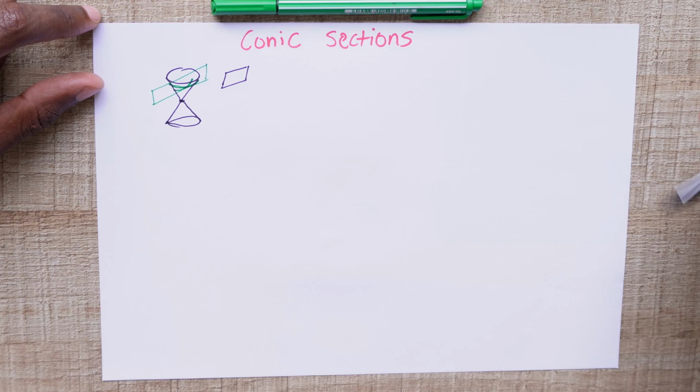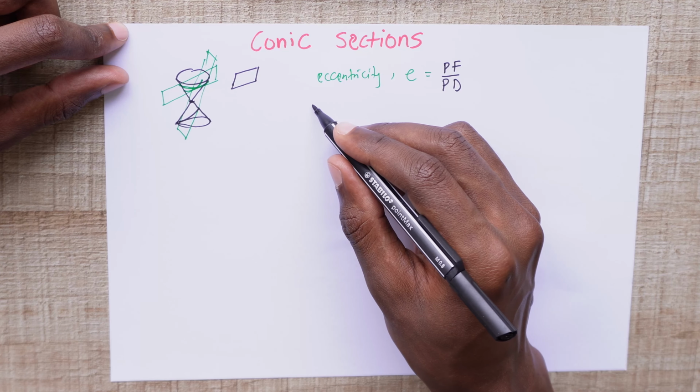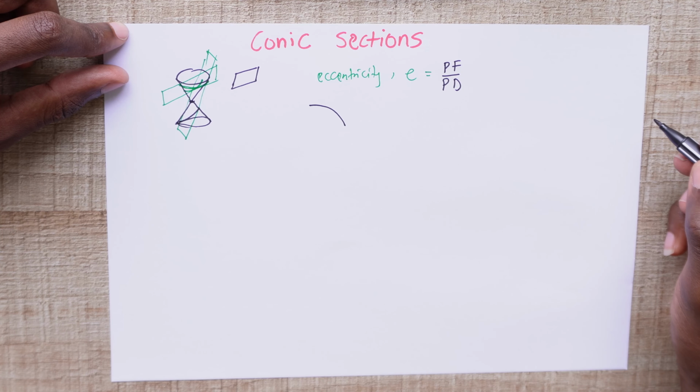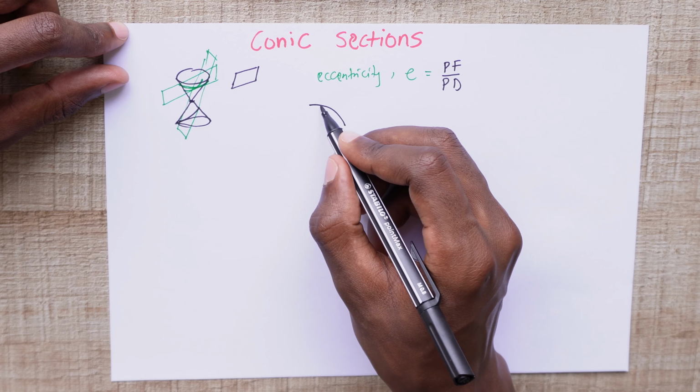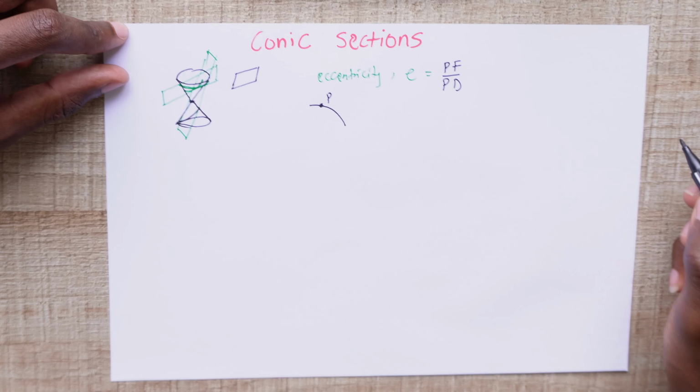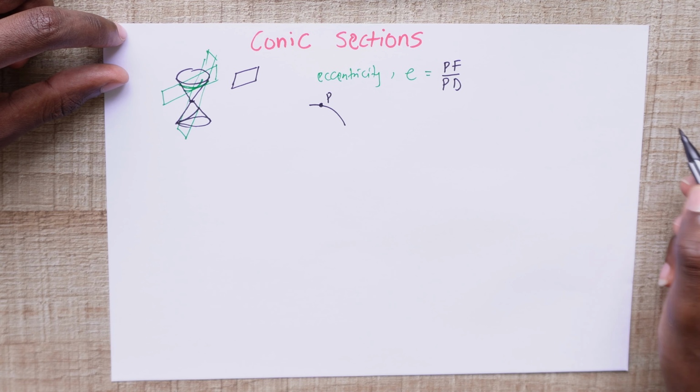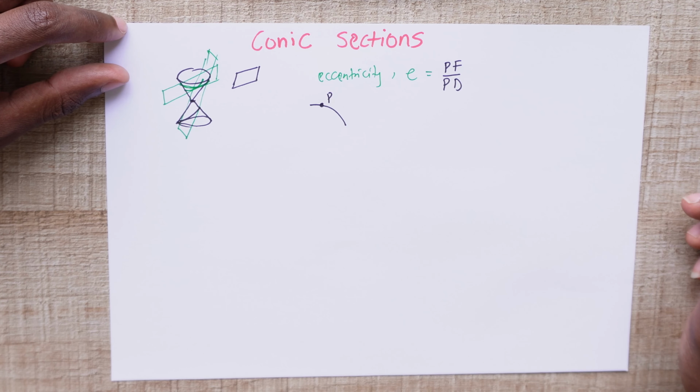So the eccentricity of a conic section is defined as the ratio of the distance of any point on the surface of the conic. It could be maybe this surface. Let's say you have the point P on the curve defined by the given conic section.